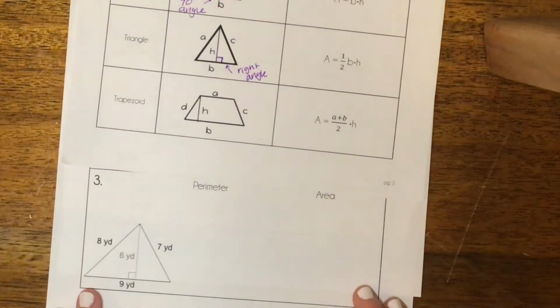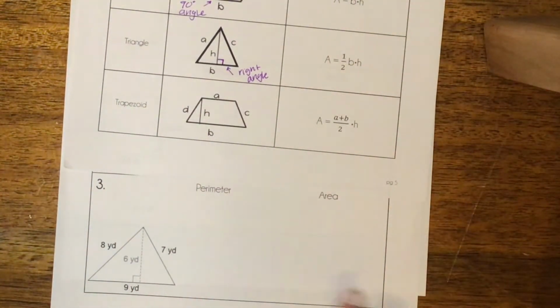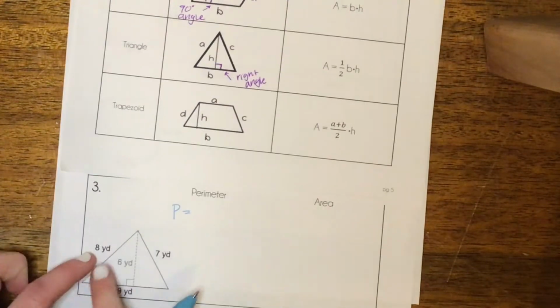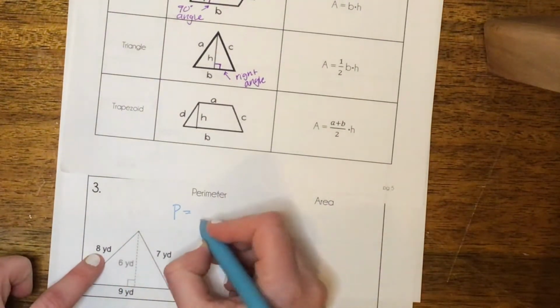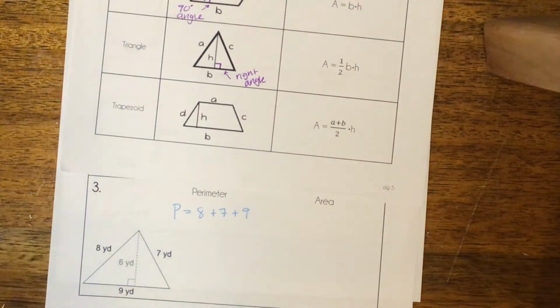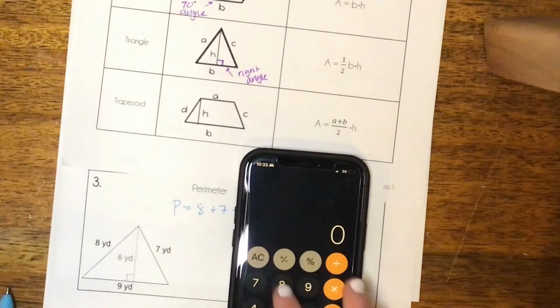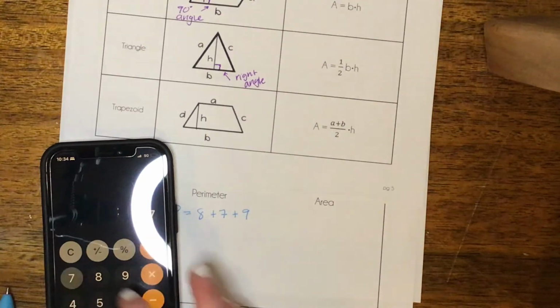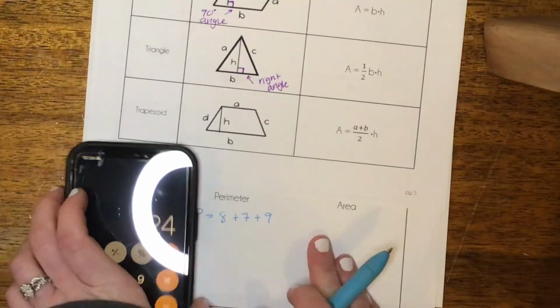That's okay. All right, so the perimeter is the distance around the outside. So I'm going to take all of the ones around the outside. So 8 plus 7 plus 9 is 24.